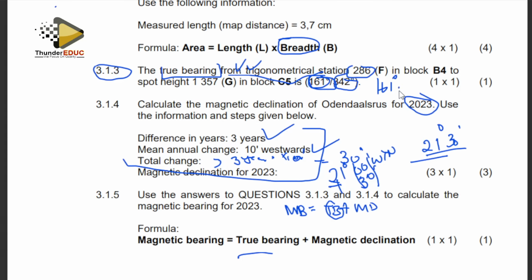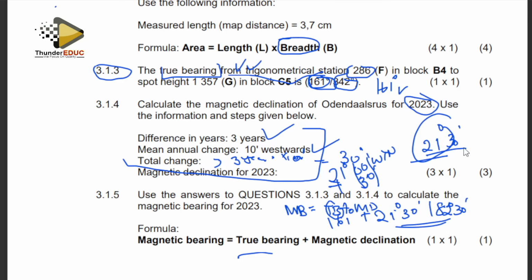TB is the answer you got here, which is 161 degrees, plus the answer you got in 1.4, which is 21 degrees 30 minutes. So these are degrees, they go with degrees. So 21 plus 161, you get 182 degrees. How many minutes? The minutes remain 30 minutes.